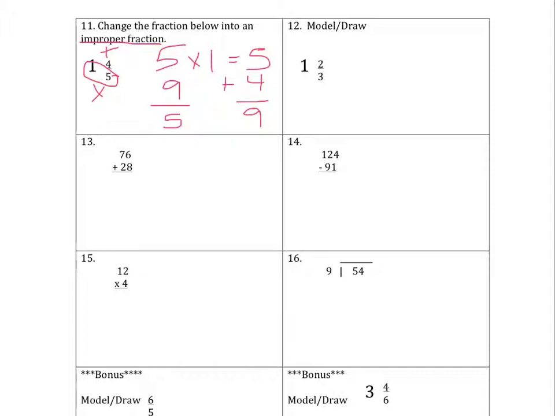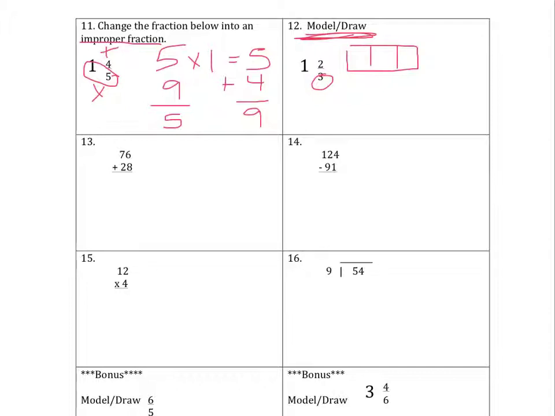Okay, this one. A lot of y'all missed this one because we're thinking to change it to an improper fraction. We gotta read. This one says model or draw 1 2/3. So let's start by drawing one shape first, because we know we at least have one. We're going to break it up into 3, because that's our denominator.